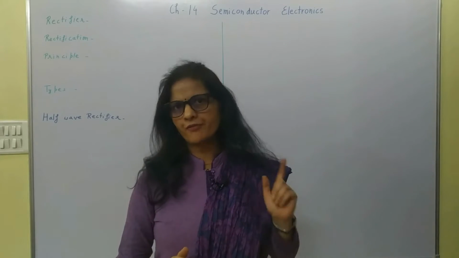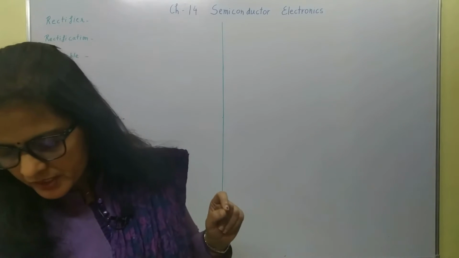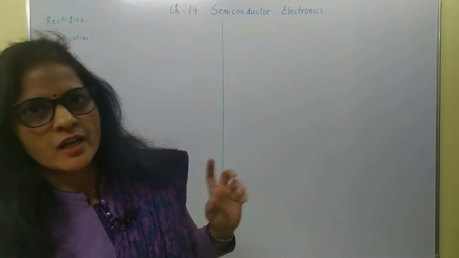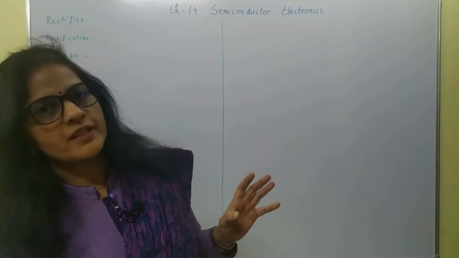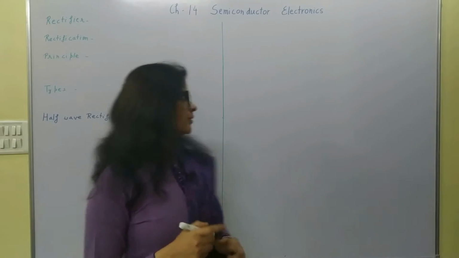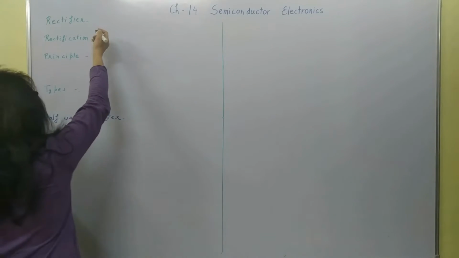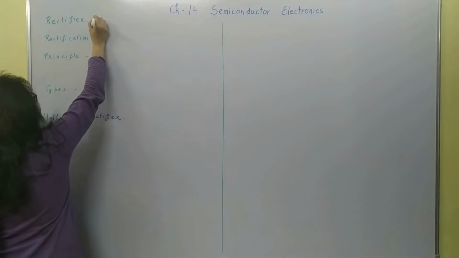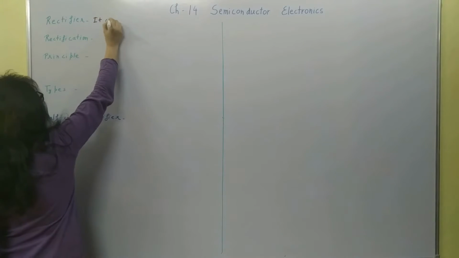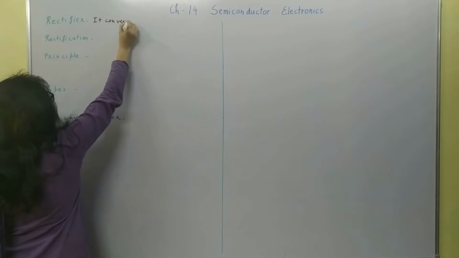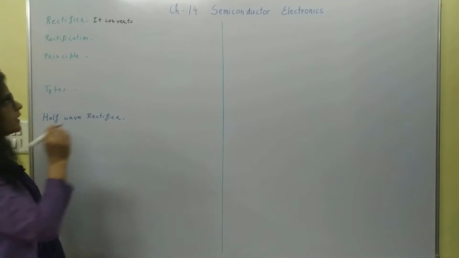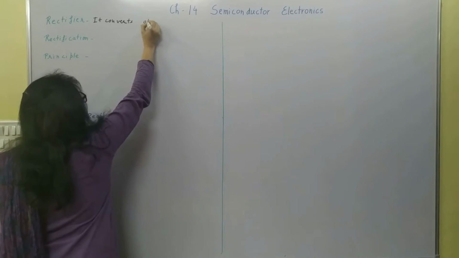So what are rectifiers? Rectifiers are the devices which convert alternating current into direct current, right? So a rectifier is a device which converts alternating current into direct current.